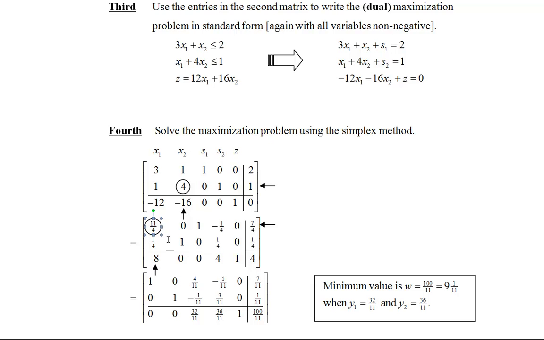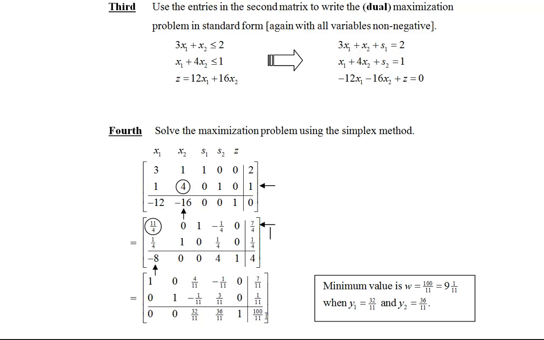So make the new pivot a 1, everything else in the column 0. Okay. Now, if this were a maximization problem, my x sub 1 would equal 7/11, x sub 2 would equal 1/11, s sub 1 and s sub 2 would be 0. My z value, my maximum value, would be 100/11.